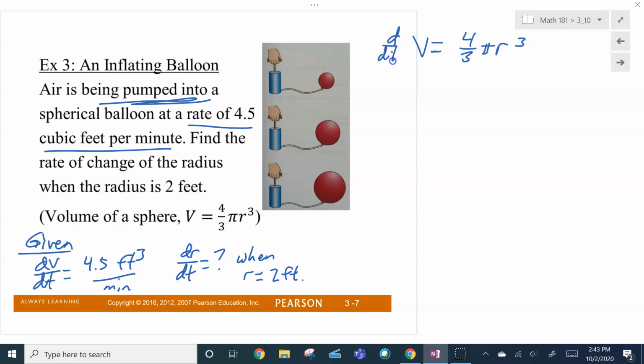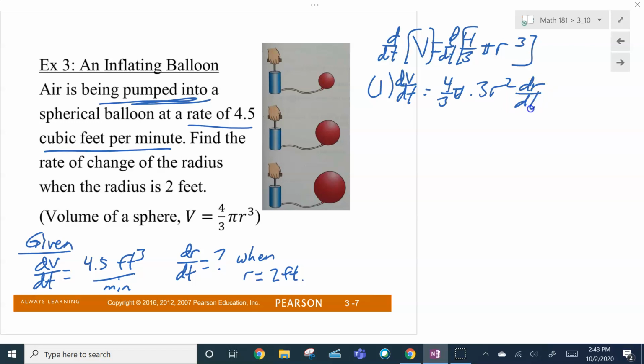Take the derivative with respect to time on both sides, d/dt. So we get 1 dV/dt. Over here, 4/3 pi is our constant, and then we take the derivative of r cubed, 3r squared. Don't forget dr/dt on that. So dV/dt, the 3's cancel, is 4 pi r squared dr/dt.